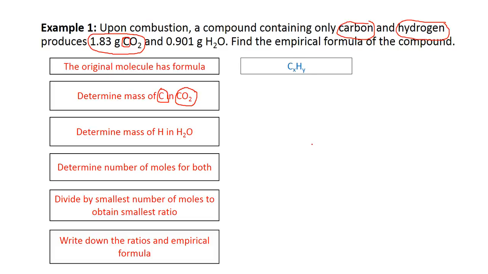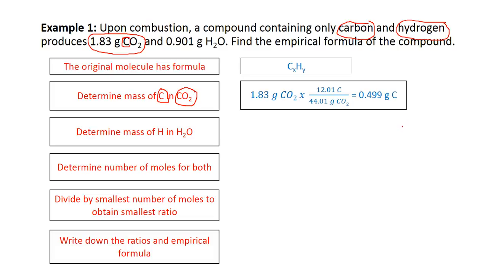That is our conversion factor. What is our given quantity? This is our given quantity. So to get the mass of carbon, we need to multiply this mass times the conversion factor, as we can see from here.